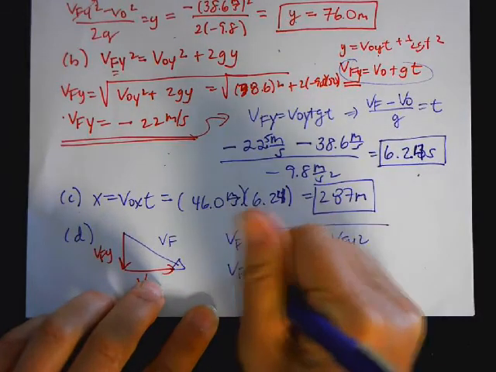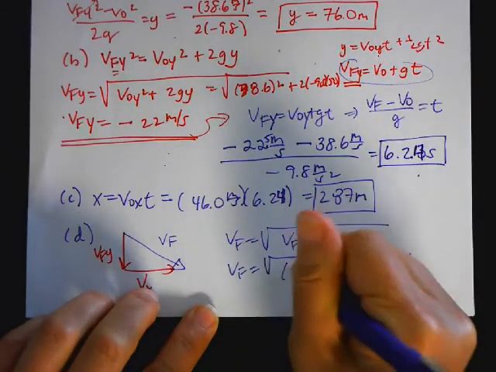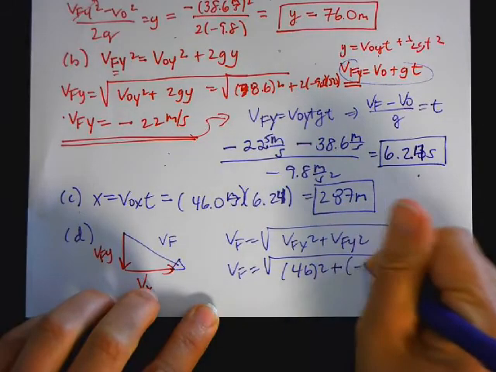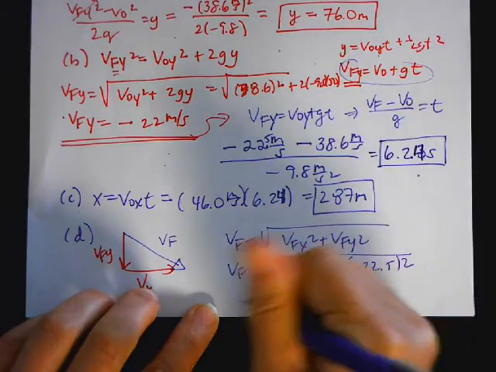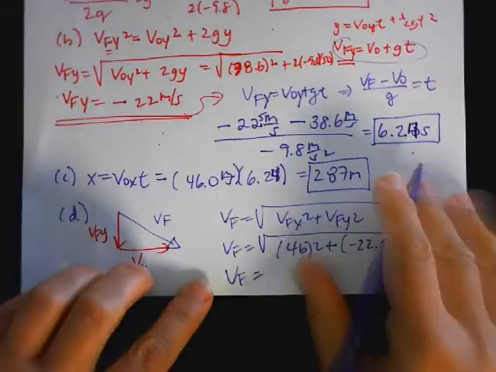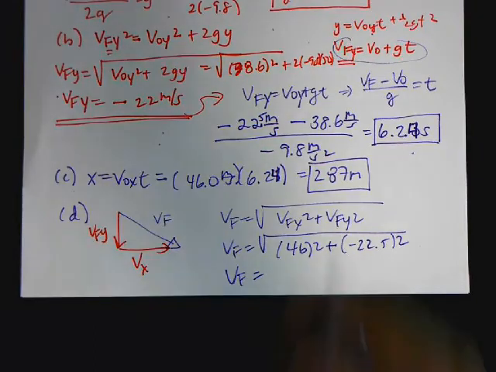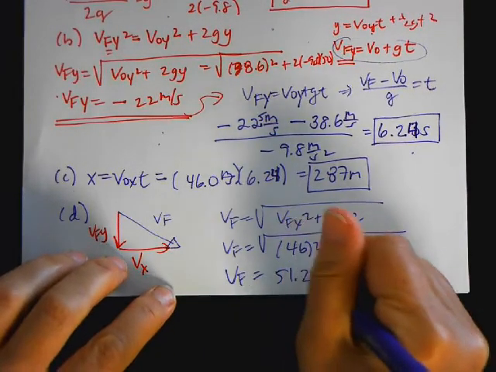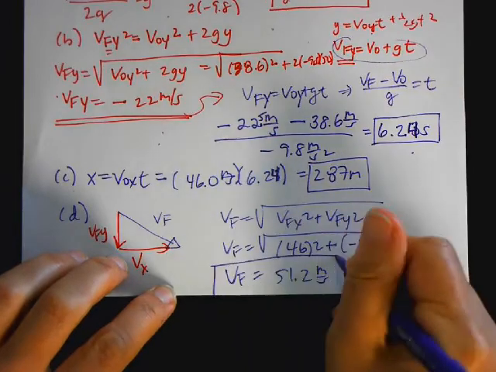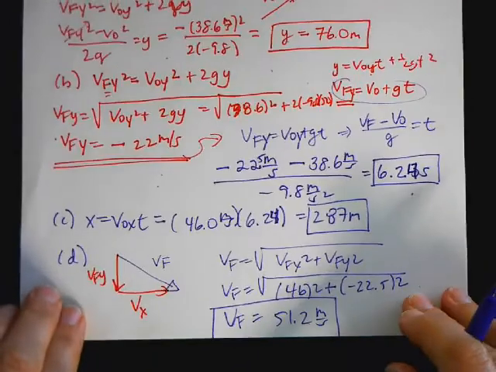So vf is equal to the square root of 46 squared plus negative 22.5 squared. And when I do all that, it comes out to be 51.2 meters per second. And that's my final answer.